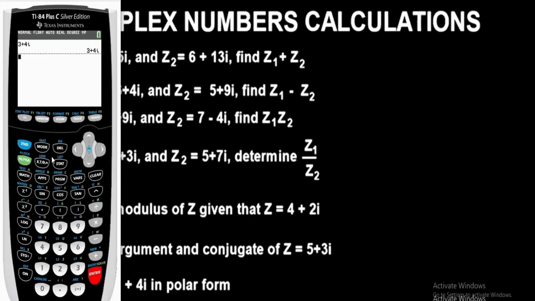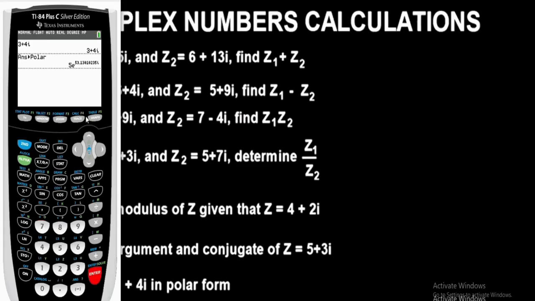Alright, to do this, you go back to maths. Alright, complex. So you want to convert this value from rectangular form to polar form, so you press 7. Alright, so from rectangular form to polar form is what we want. Press 7. So answer to polar form, yes, press enter.